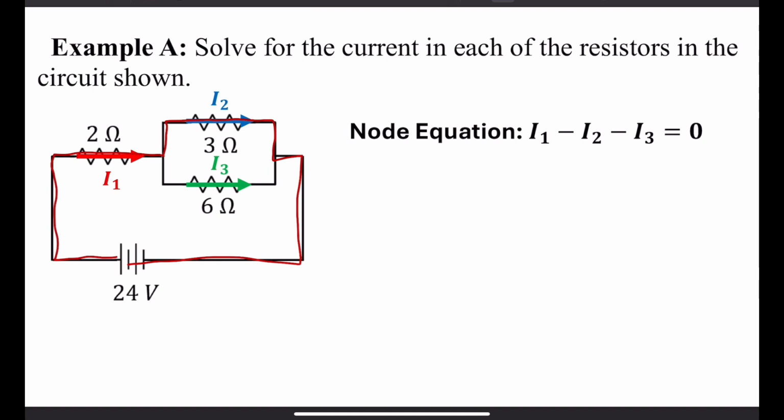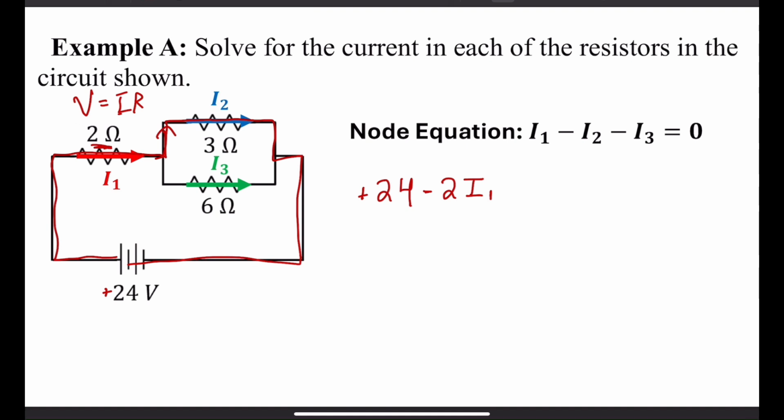So I'm going to go around the loop. The battery first supplies 24 volts, and then it gets to the 2 ohm resistor, where Ohm's law says voltage is IR. So the voltage dropped there is going to be negative 2 times I1.